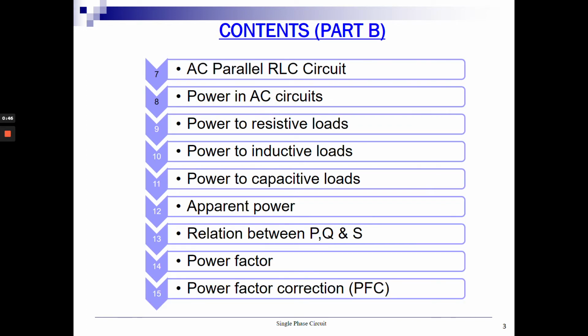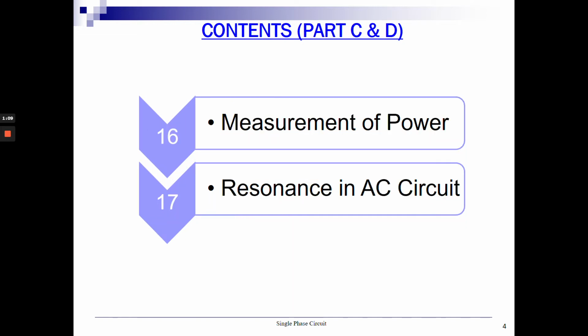For part B, we are going to learn about AC parallel RLC circuit, power in RLC loads, apparent power, relationship between P, Q, and S, power factor, and power factor correction. And then for part C and D, we will cover measurement of power and resonance in AC circuit.